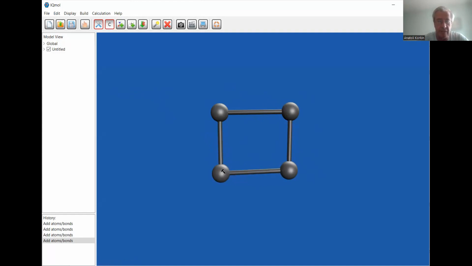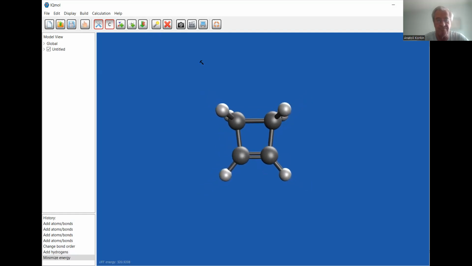So let's make one double bond, add hydrogens, then optimize it with molecular mechanics, and then it can be computed. Actually, I pre-computed them already at the MP2 level, and I'll show you the results at the end for the geometries of all the systems I calculated.